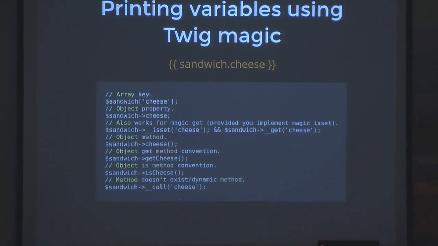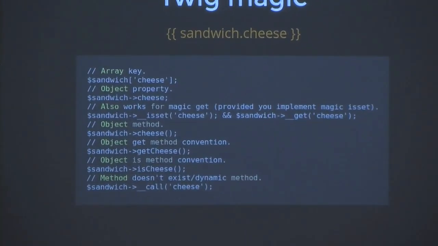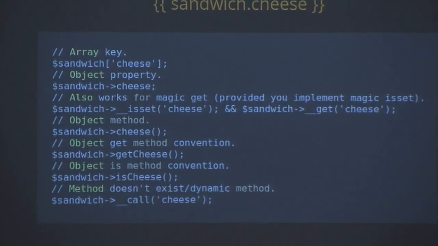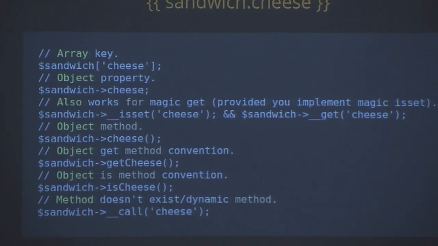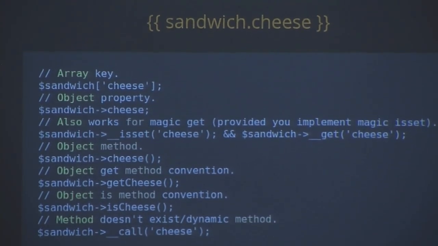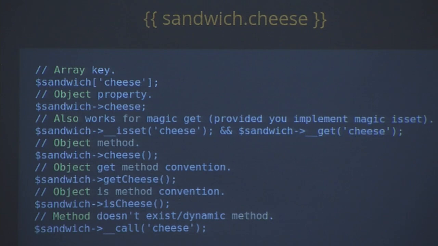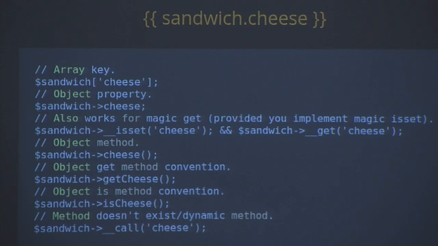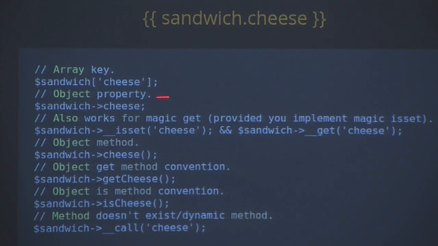It doesn't care whether it's an array, an object, or an object with a method. You always use the same syntax to output your data. And what happens is that we first check if it's an array, and there's an array item with this key. If it's not an array, we test if it's an object and there is a property with that name.